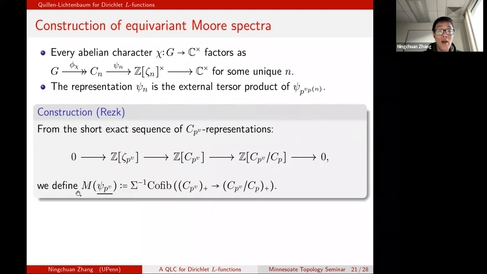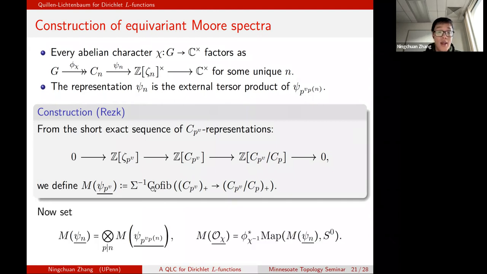From there, we define the equivariant Moore spectrum by taking the desuspension of the cofiber, because this free module corresponds to G itself, and this is the G-module generated by this orbit. So we take the orbit and the fiber or desuspension of the cofiber.